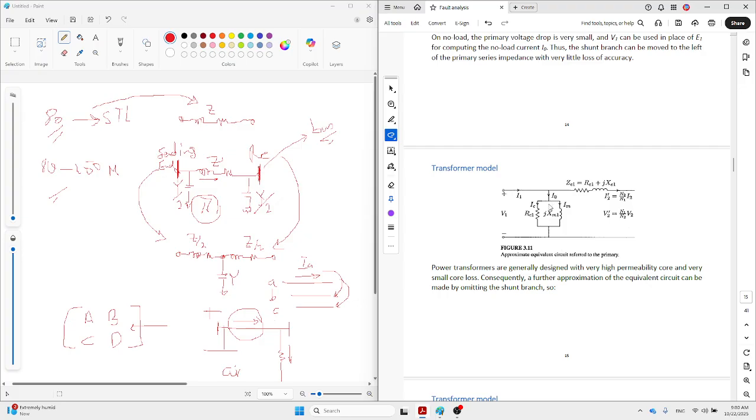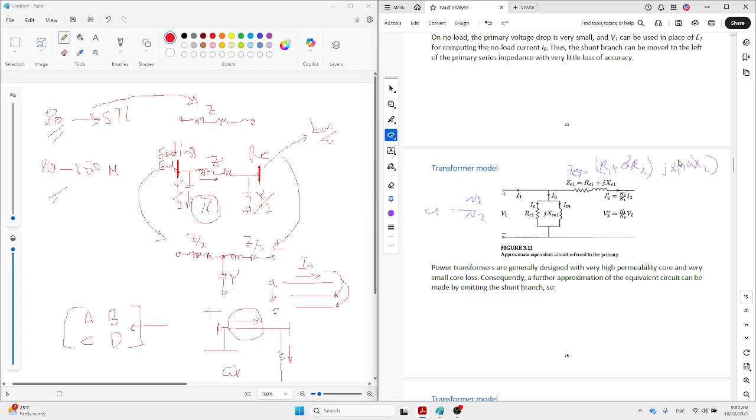For the approximate model, if you remember, we just move the parallel branch to one side of the equivalent model, and then Z equals R1 plus a squared times R2, where a is n1 over n2, and for X in the same way, jX1 plus a squared X2.